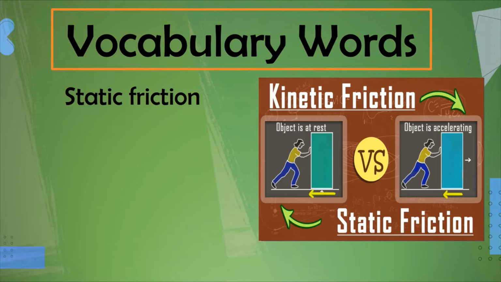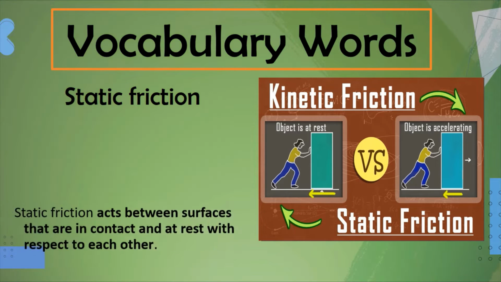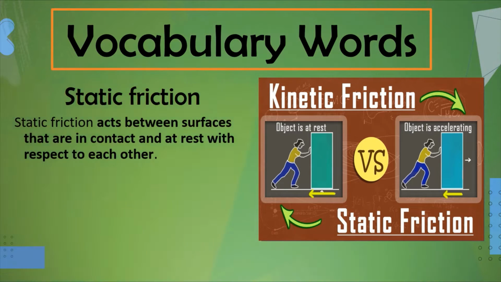What is static friction? Static friction acts between surfaces that are in contact and at rest with respect to each other. The first picture on the left, when the object is at rest and will be exerted force, is what we call static friction.